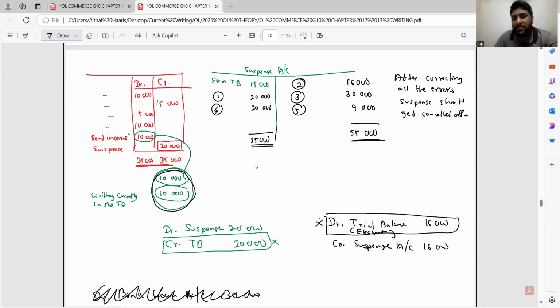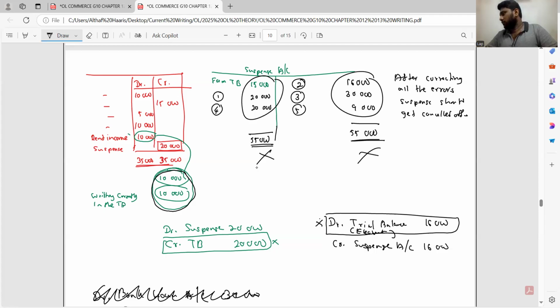So it is getting cancelled off. 55,000 to 55,000. Both the sides 55,000 getting cancelled. Once you are done, let me know, people.